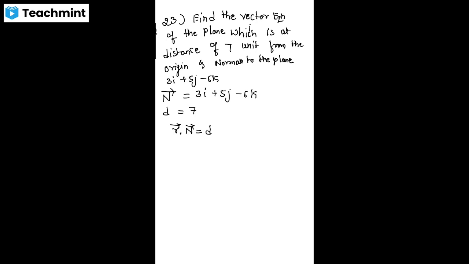So vector r dot n vector, 3i plus 5j minus 6k, is equal to d, that is 7.